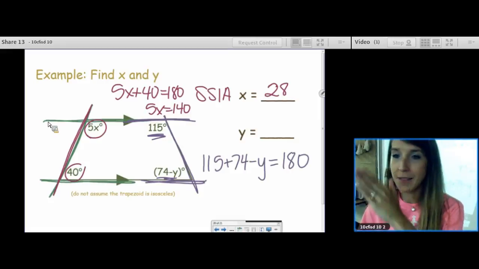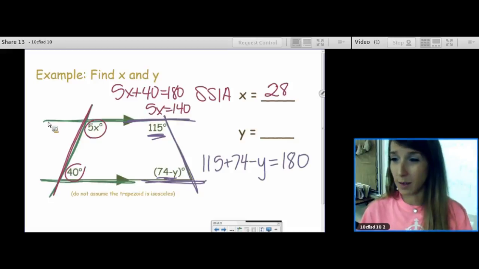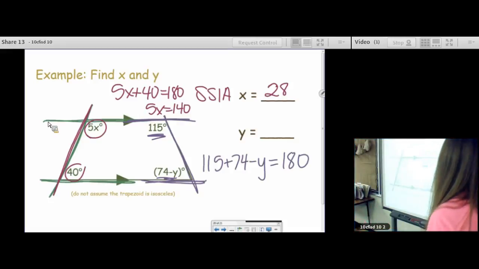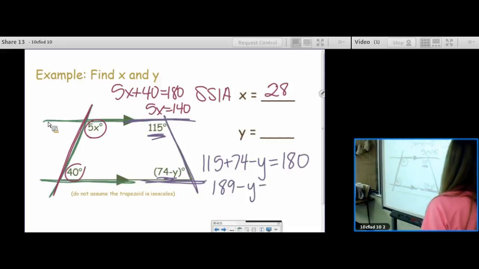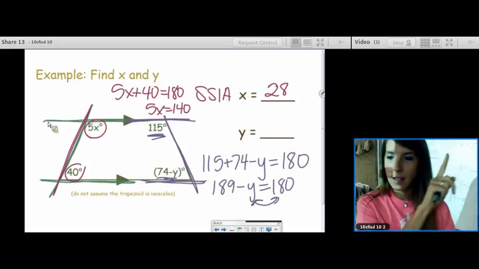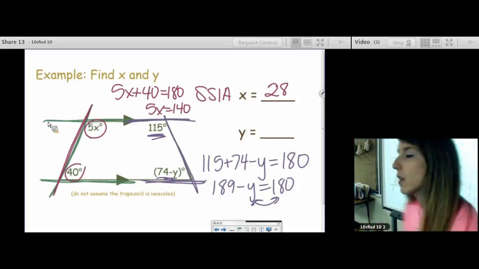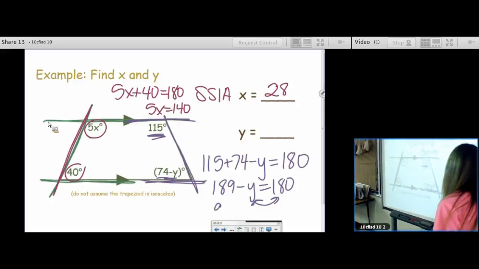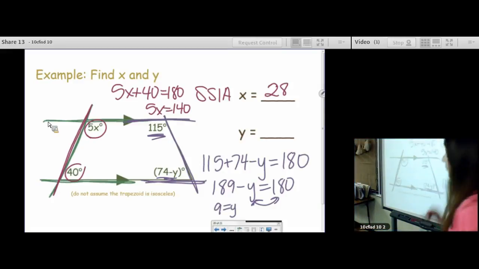Negative y equals negative something. The negatives will cancel if that's how you end up solving it. 189 minus y equals 180. What I would do is just make these two trade places if it were me. I'd bring the 180 to the left and the y to the right. And you would get 9 equals y.